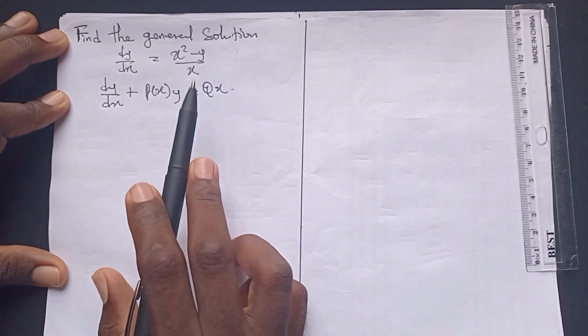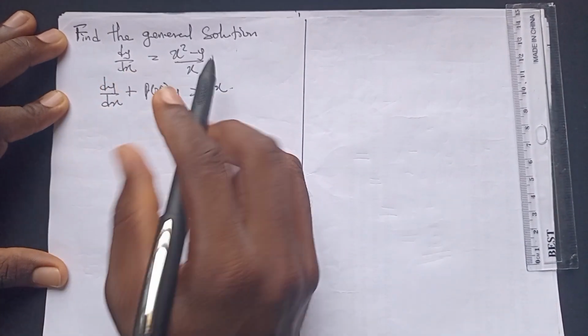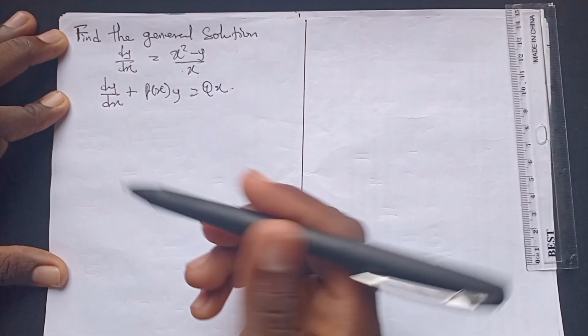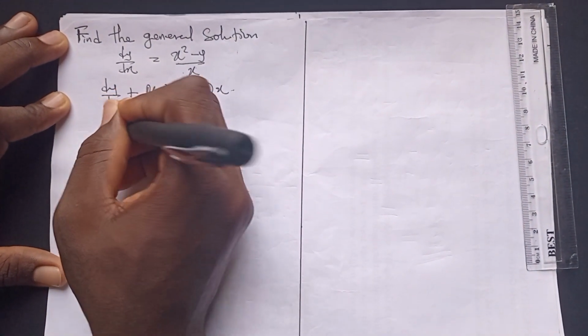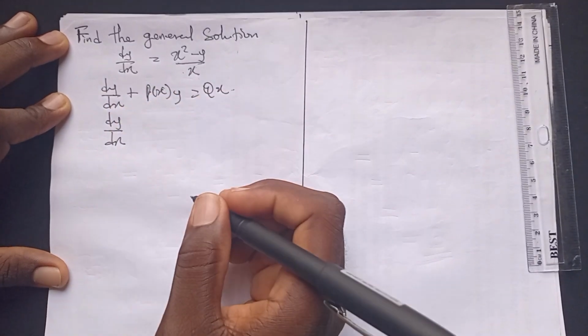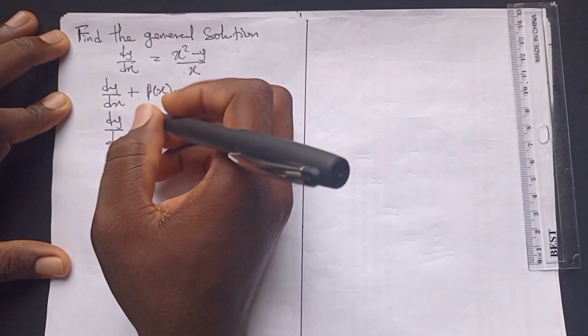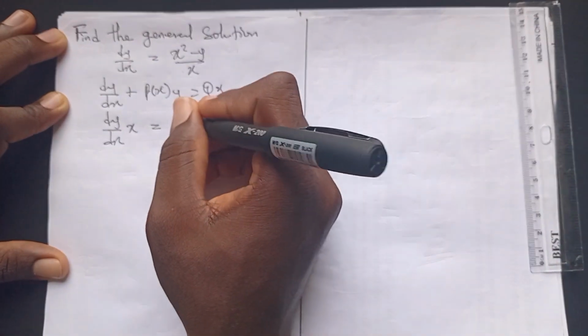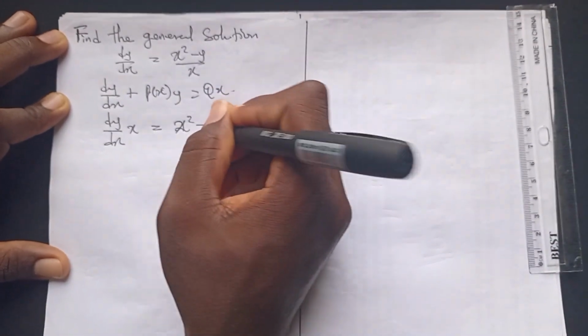To do that, if we multiply both sides by x, we have dy/dx times x equals x squared minus y.